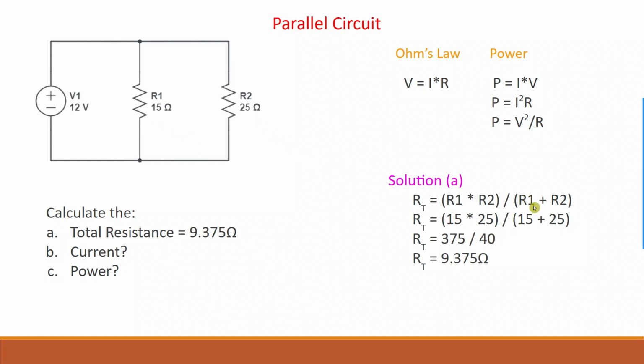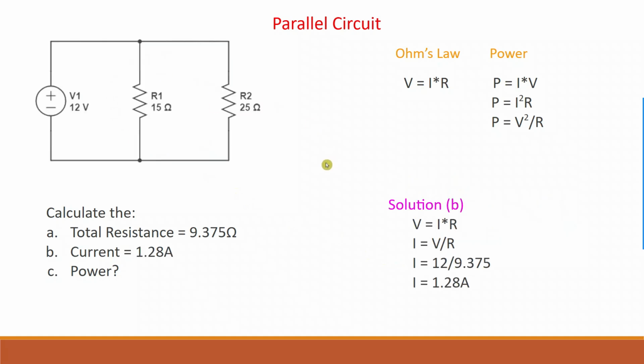So 15 into 25 equal to 375, divided by 15 plus 25 equal to 40. If you divide 375 by 40, it will come 9.375 ohm. Now we found the value of total resistance. It is 9.375 ohm for this parallel circuit.